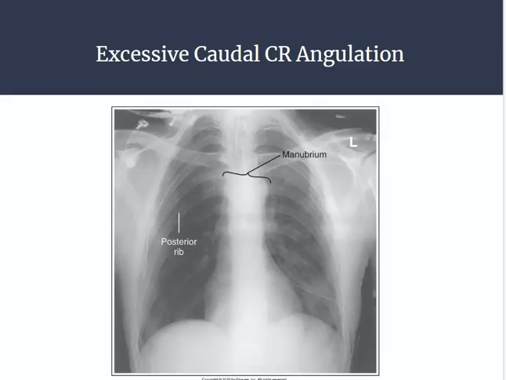If the central ray is angled too caudally, it moves the manubrium inferior to the fourth thoracic vertebra, and it demonstrates more than 1 inch of the lung apices superior to the clavicles. Excessive caudal central ray angulation also changes the posterior rib contour to vertical. So when looking at this image, you can see that we have described everything that indicates an excessive caudal central ray angulation.